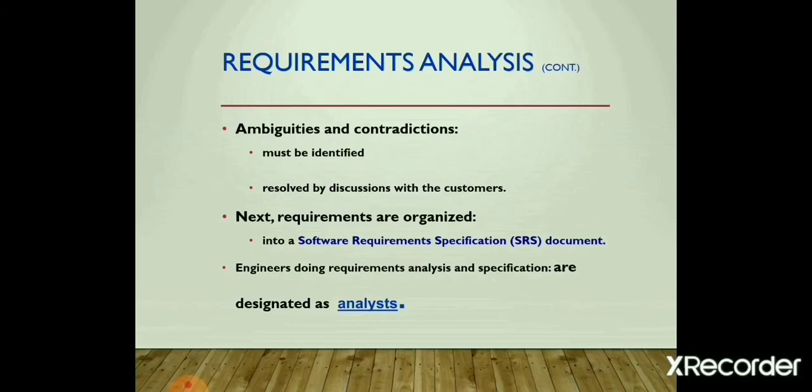And then the requirements are organized into a software requirement specification document that is known as the SRS document. Engineers doing requirement analysis and specification are designated as analysts. When the SRS document is completed, then it will go to the next phase.